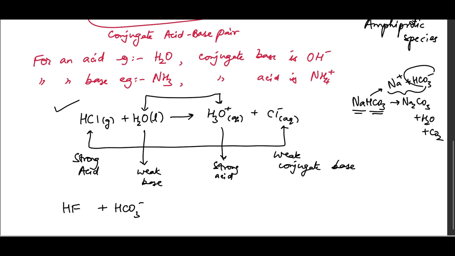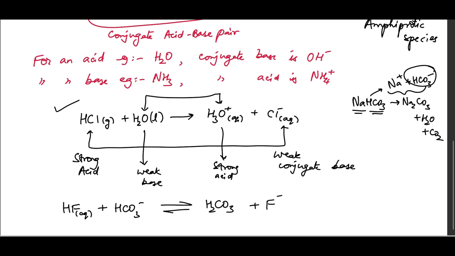So let's consider this hydrogen carbonate ion. If it reacts with HF, it's a reversible reaction, and it will form H2CO3. From HCO3 minus, it's taking on a proton to become H2CO3, and when a proton is removed from HF, it becomes F minus.